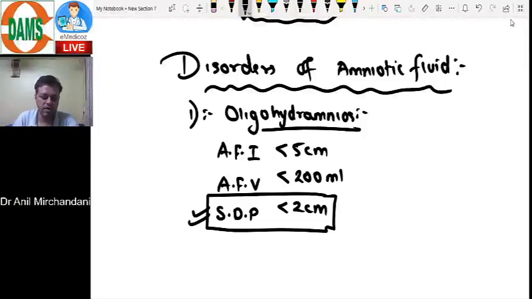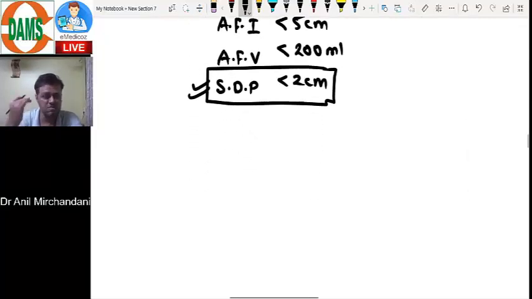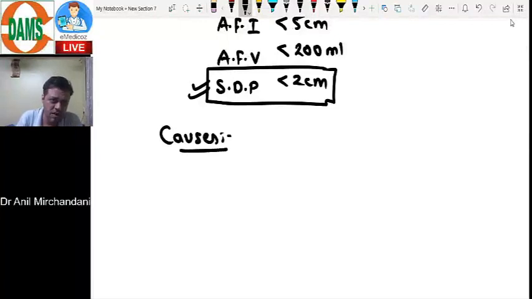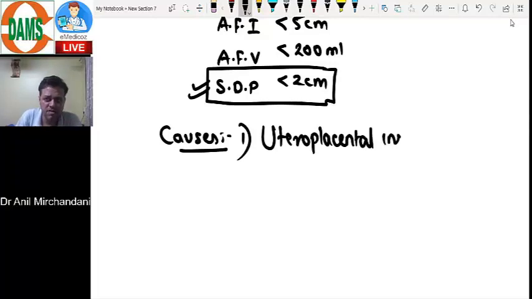So guys, why will a baby have oligohydramnios? What are the causes of oligohydramnios? Amniotic fluid is, as I told you, urine. If there is less urine, that means there is a possibility that the baby might be getting less blood. So remember, in causes, number 1 I am writing uteroplacental insufficiency.